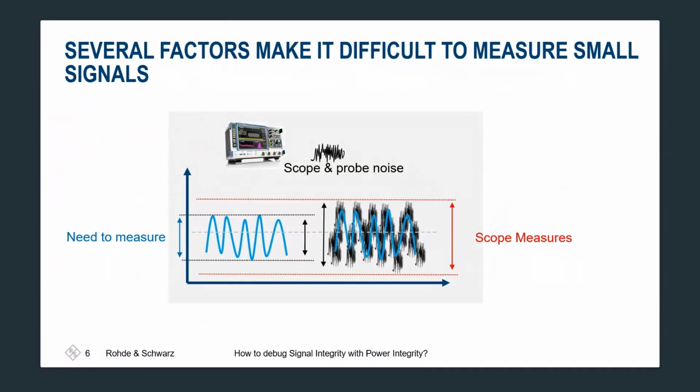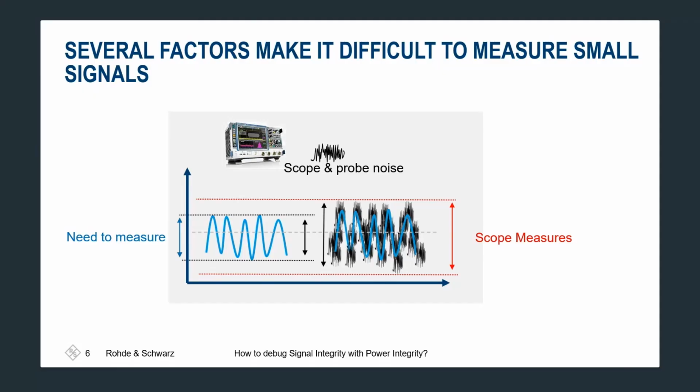Differentiation in time domain becomes a tough task for signals that are smaller than the noise of your oscilloscope and probing system. When a signal enters the oscilloscope front end, the noise gets added to the signal before the analog to digital converter. Each stored sample now includes the value of the original signal, but with some offset based on how much noise was present when the sample was acquired.